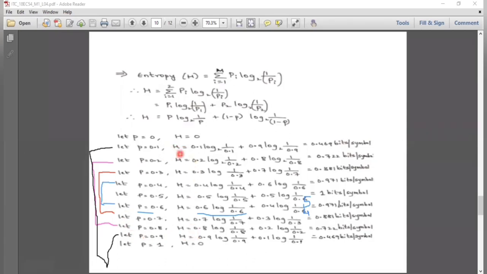And if you compare the equations, the equation is also similar. The only difference is the first and second terms are occurring in a different order.